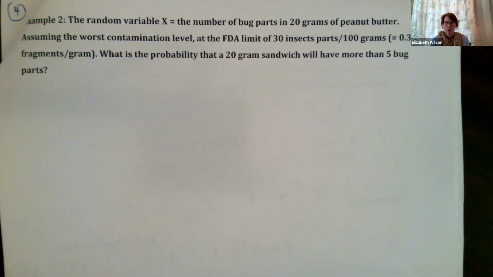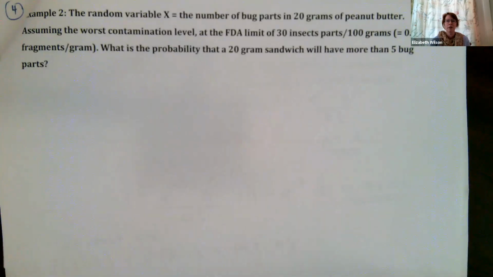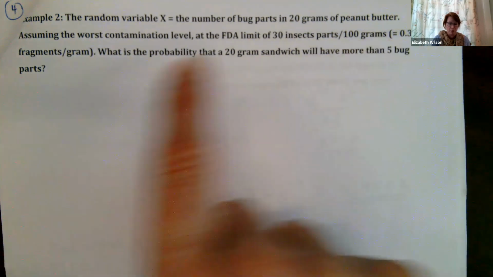Assuming the worst contamination level, the FDA has set a limit of 30 insect parts per 100 grams. Let me convert this from 100 grams into regular grams. So that's 0.3 fragments per gram.